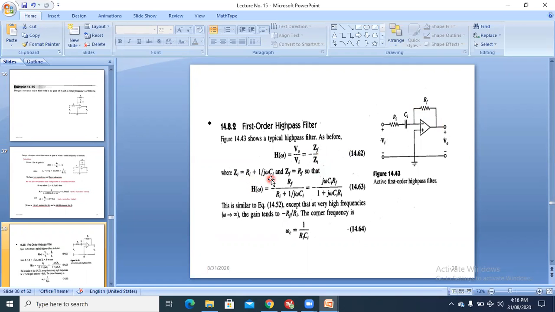And we calculate the value of Vi and Vf and substitute in this relationship. So we will get the value of this J omega Rc, 1 plus J omega Rc, which is the response of the high pass filter. So this cutoff frequency is 1 by Ri Ci.